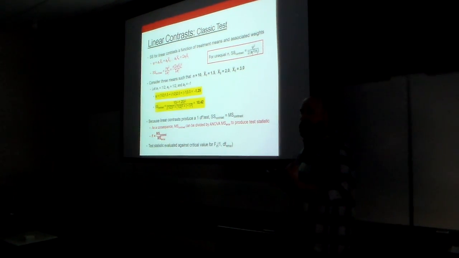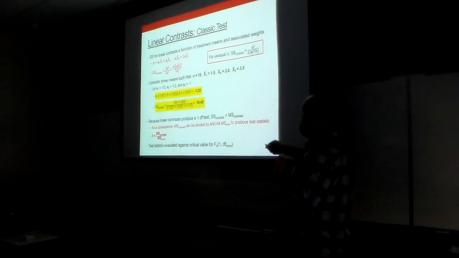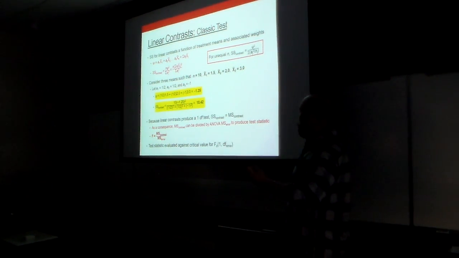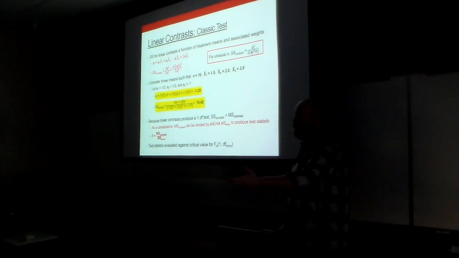Because I'm basing all this on my ANOVA test, to calculate a statistical test I would calculate an F statistic, where I take my mean squared contrast, the same as the sum of squares contrast I just calculated, and divide it by the mean squared error from our overall ANOVA table.